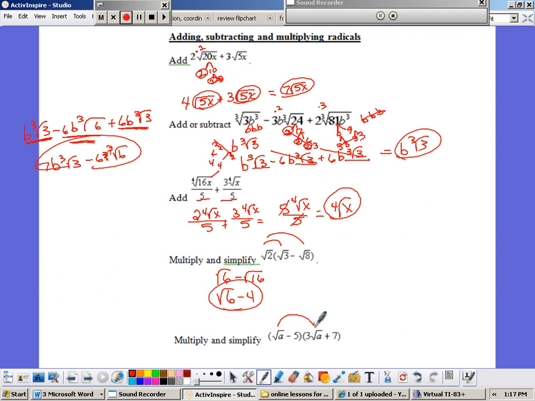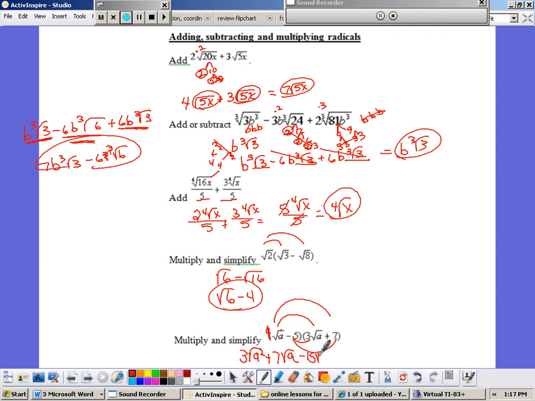FOIL. This really confuses some people because they don't know what to do with the numbers in front. Well, this has a 1, so take 1 times 3, which is 3, then take the square root of a times the square root of a, which is the square root of a squared. Take 1 times 7 is 7. Square root of a times nothing is the square root of a. Negative 5 times 3 is negative 15.